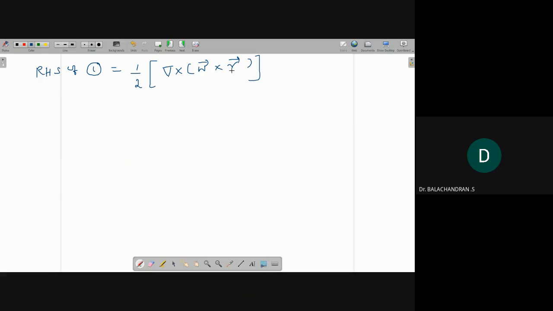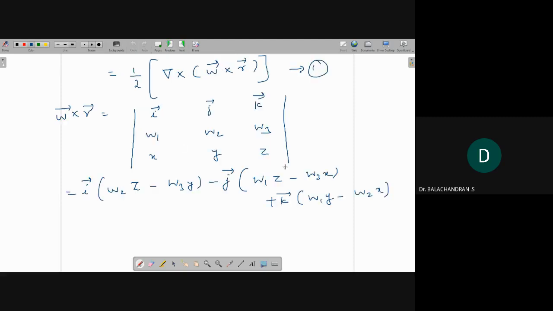So now, half into what is del cross w cross r? First i vector, j vector, k vector. For this del, you should write dou by dou x, dou by dou y, dou by dou z. And then w vector cross r vector, just now we got it. So first you should write this one, and then this one, and then this one.